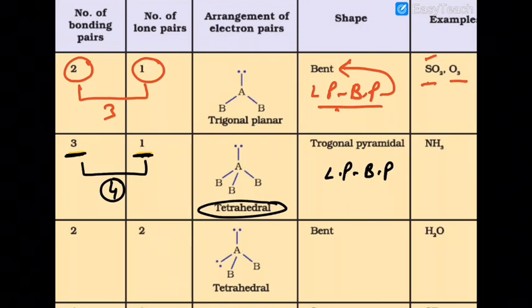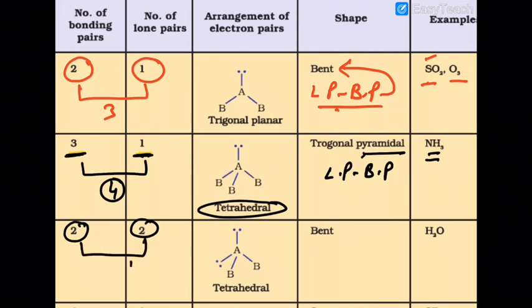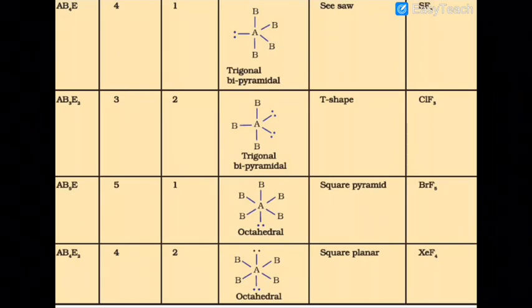In ammonia you got a pyramidal shape. We already discussed that. If you have 2 bond pairs and 2 lone pairs, they are also 4, so you have a bent structure like in case of water molecule. H2S also has that type of structure. Are you getting that? Sure?